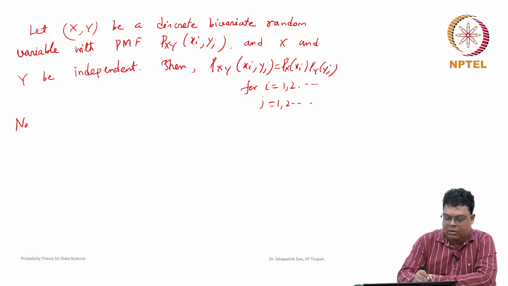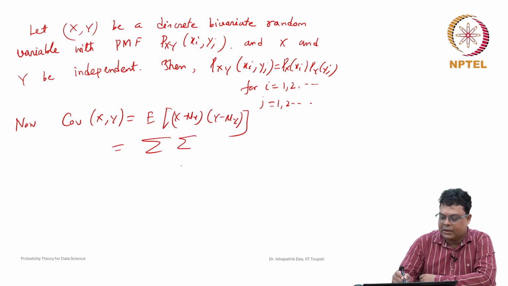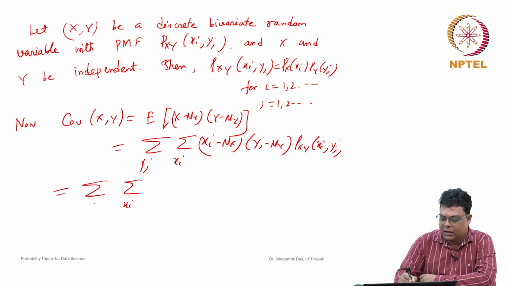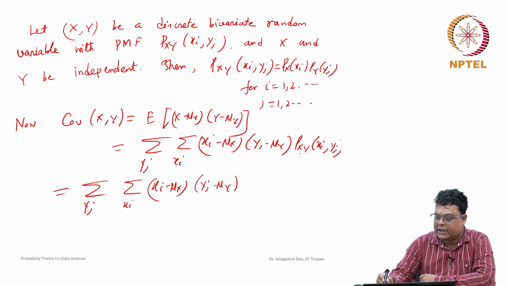Now similarly we can show that covariance of x y is the summation over i, j of, by definition, expected value of (x minus mu x) into (y minus mu y), which is (x i minus mu x)(y j minus mu y) p x y (x i, y j). Then similarly we can write (x i minus mu x)(y j minus mu y), and because x and y are independent, we can write their product.